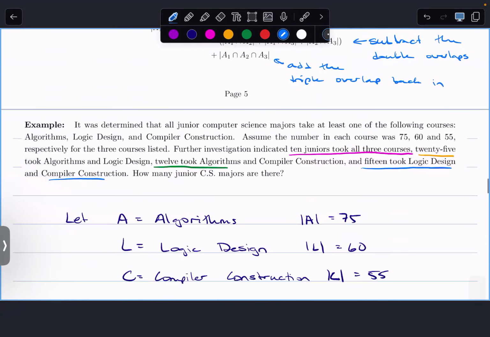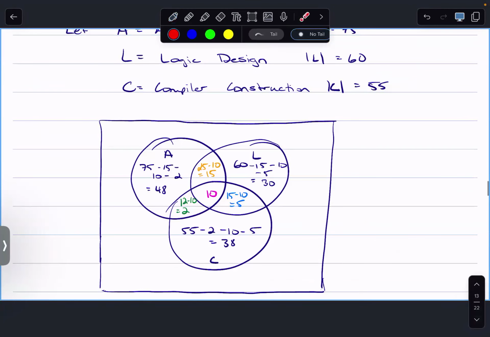Because if you imagine these as layers, if you add up A plus B plus C, now you got 3 layers. So then you subtract the overlaps, all 3 of them, but then you're left with no overlap here in the middle, so you have to add it back in.